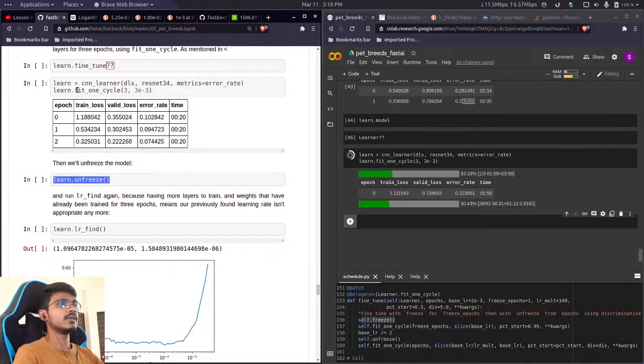We are done fitting for one cycle. We unfreeze the model and run lr_find, because having more layers to train and weights that have already been trained for 3 epochs means our previously found learning rate isn't appropriate.